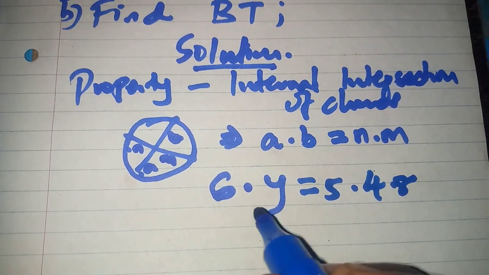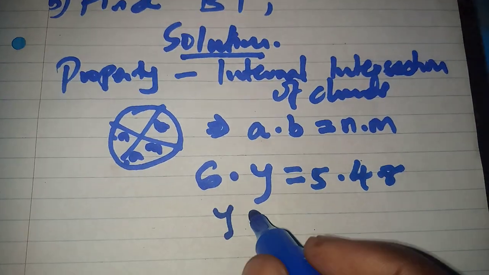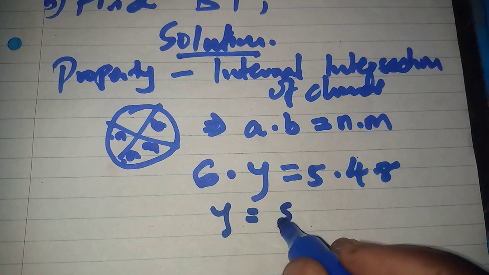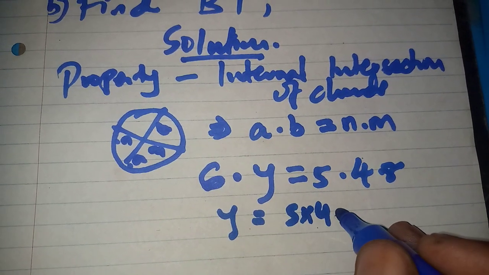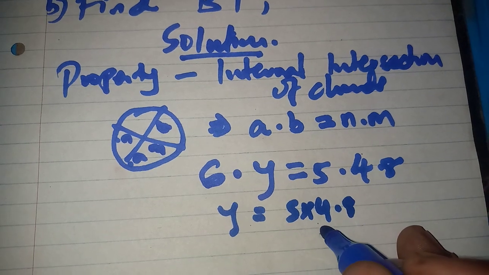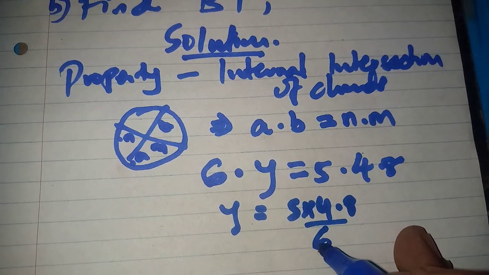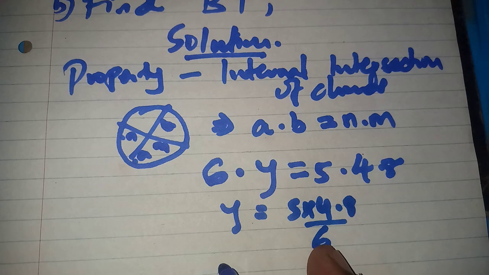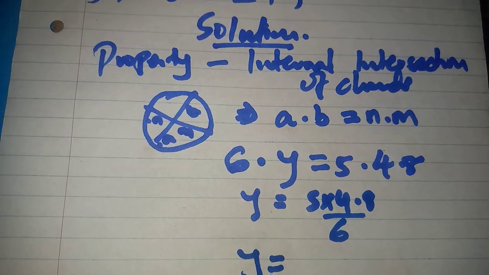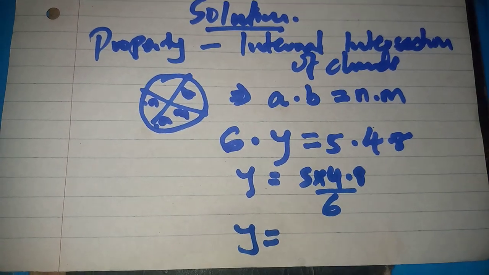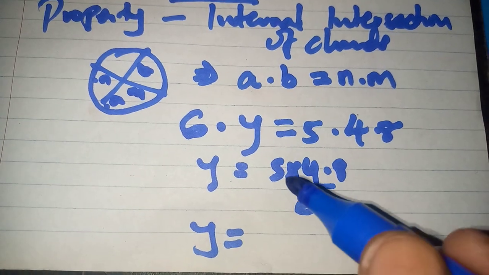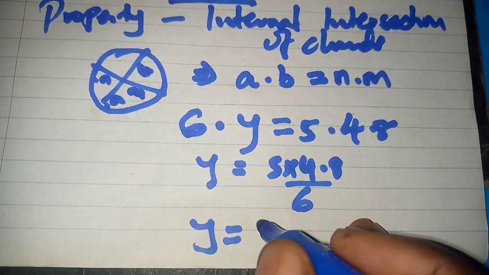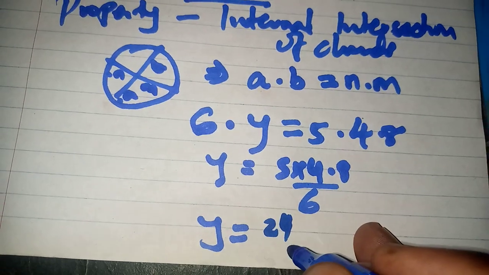So using this, y now becomes 5 times 4.8, then you divide by 6. Computing that very fast, 5 times 4.8 gives 24.